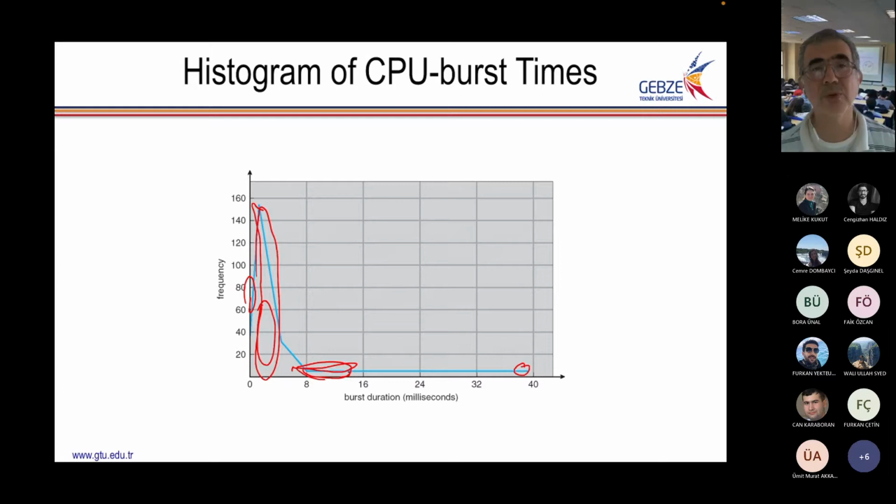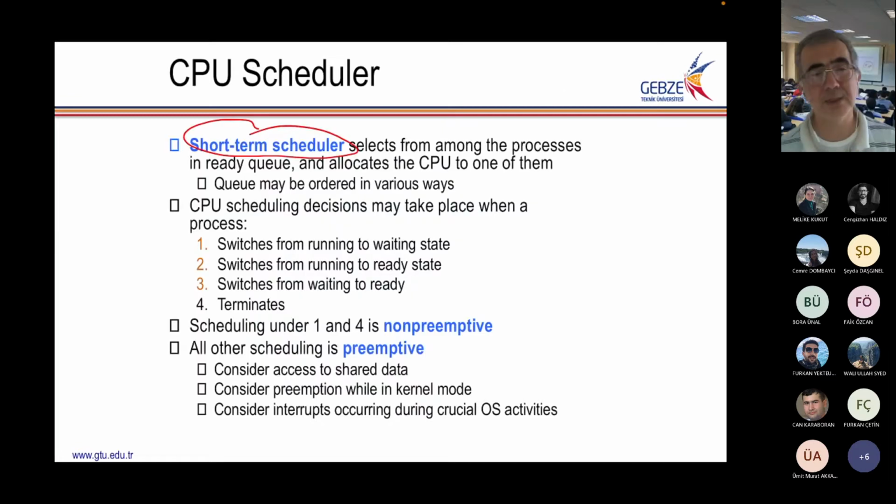Those are programs of the operating system. Here are the criteria. There is a short-term scheduler. The short-term scheduler selects processes from the waiting line.